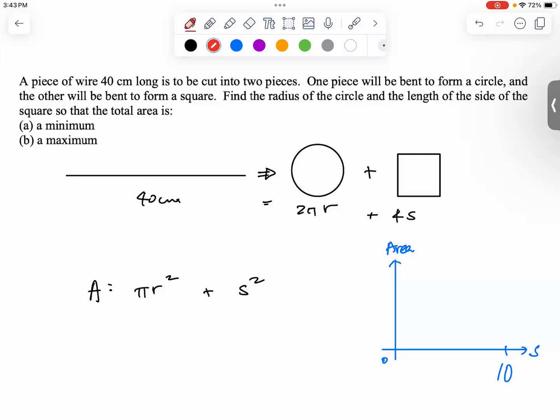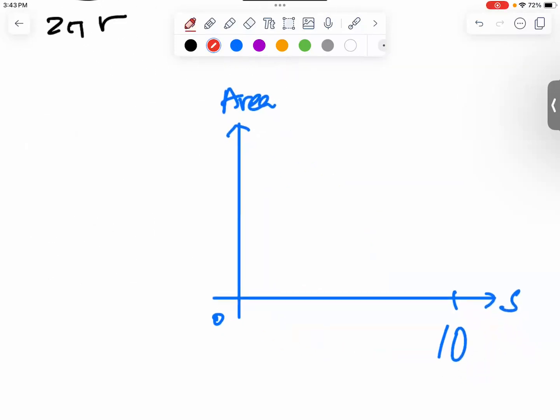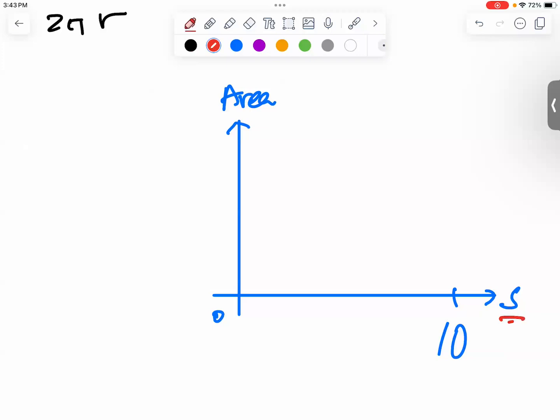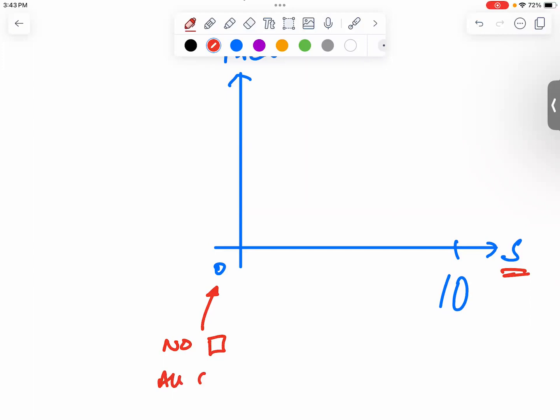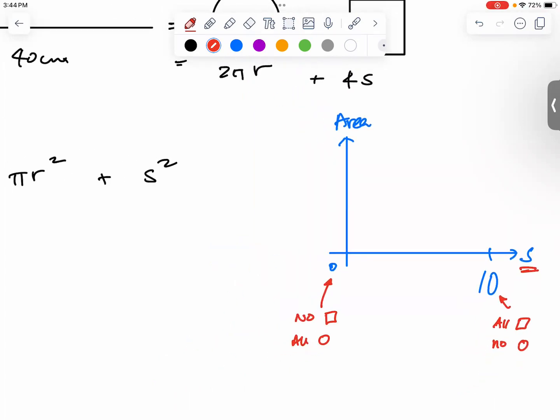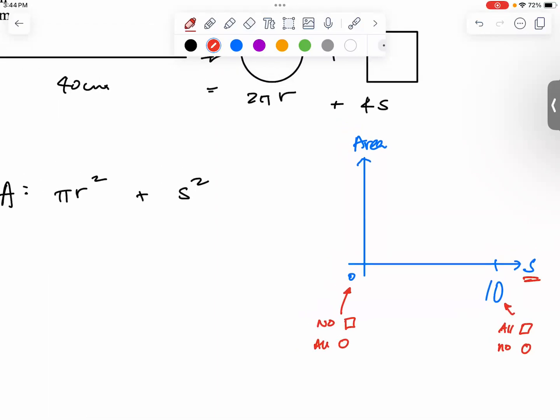And here I want to add a little explanation. This is the side length of the square. If the side length is equal to 0, that means we don't have any square, and it is all circle. And if the side length is 10, then we have all square and no circle. That's how we are putting the length of the wire to use. So far, so good?